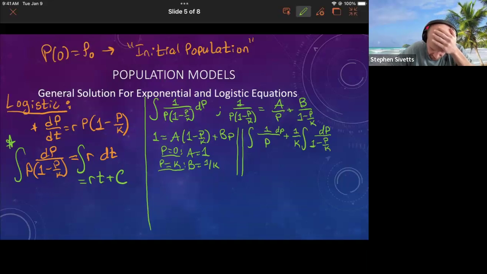It's probably best if I multiply the numerator and the denominator here by k. I don't want to deal with fractions. So let's see if that works.